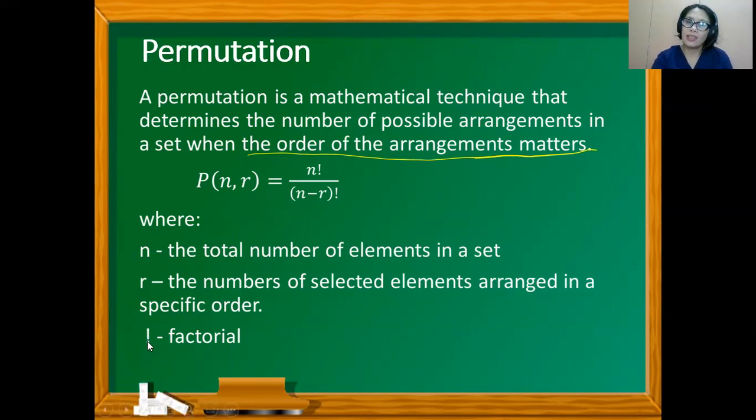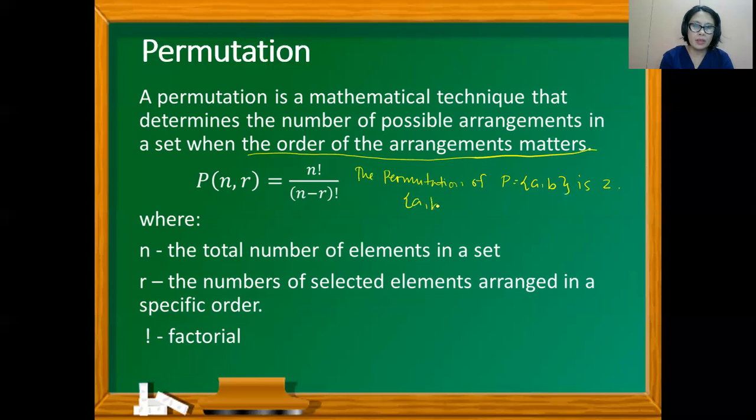Now, this exclamation point is the notation for factorial, and you're familiar with this since I introduced factorial last meeting as I introduced the principle of counting. For example, the permutation of set P with elements A, B is 2, such as AB and BA.